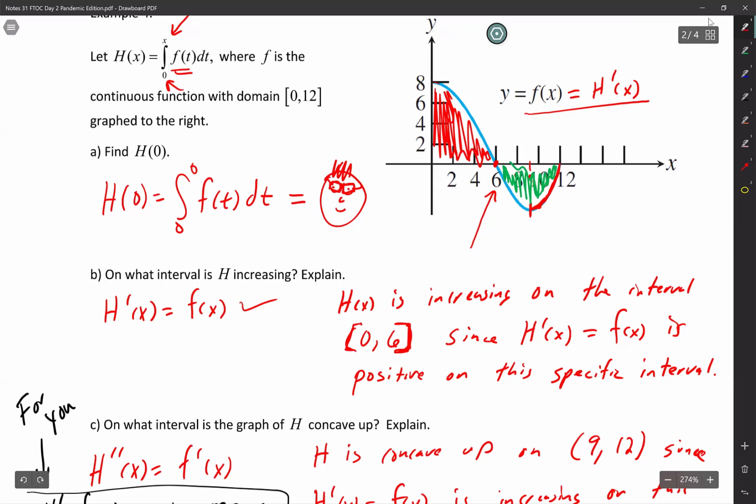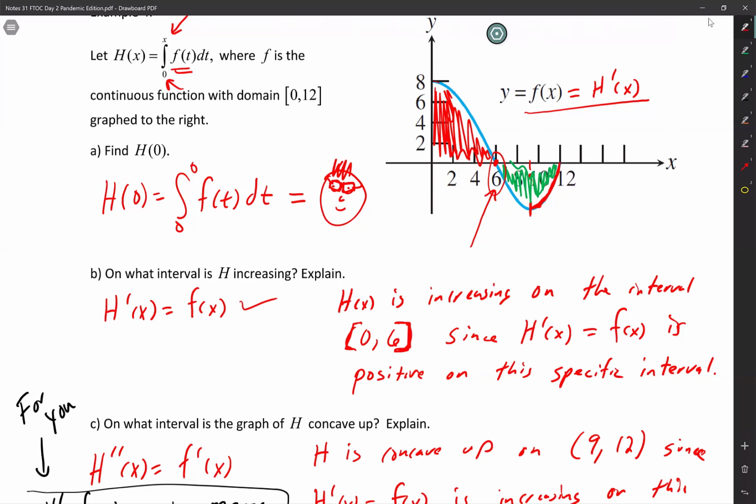Then once you hit x equals 6, H starts going down, down, down. It almost sounds like a song. Sorry, guys. It starts going down all the way until you hit 12. Now, of course, we got to worry about concavity and all that good stuff, but we don't care about that. We just care about where it goes from increasing to decreasing? Well, at x equals 6. It's the only time it does that. So that means x equals 6 must be an absolute max.